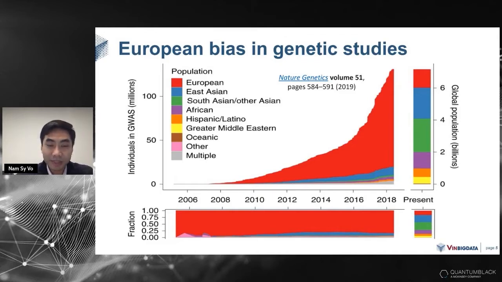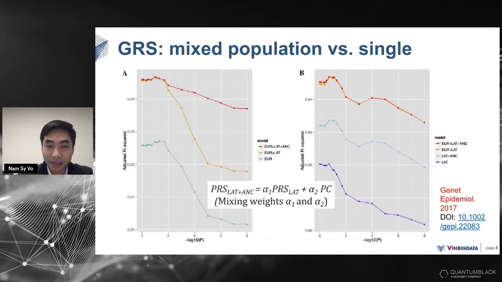And also some observations we can see here. For example, in the GRS for type 2 diabetes, the mixed population model versus the single population model. Here we can see European and Latino. So the adjusted R-squared for European and Latino is better than European alone.